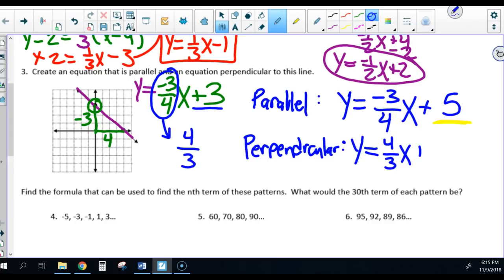So now the y-intercept can be anything, including plus 3 or any number in the world. Let's go 17. And just keep in mind that this number can be many different numbers and still be correct. Slope is what has to be negative 3/4 and positive 4/3.